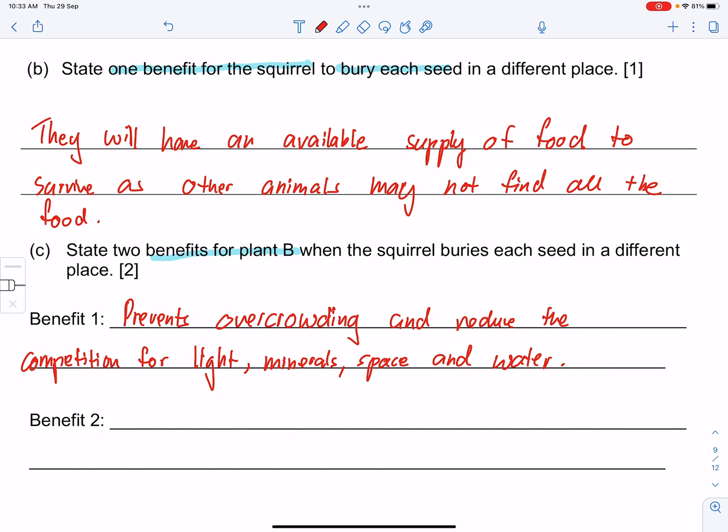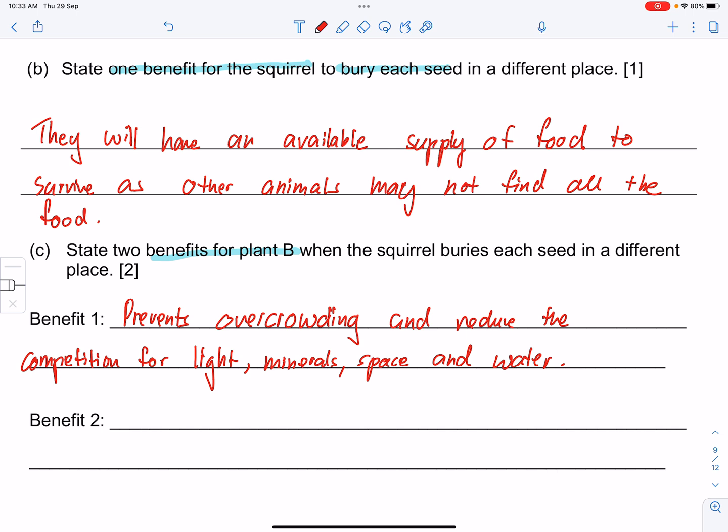Actually, when I say increase rates of survival, I mean there are other threats to it. For example, maybe the area that the seed is in is not suitable for germination. Maybe the area that the seed happens to be in has many other animals that like to eat seeds. Then the seeds will be eaten up.